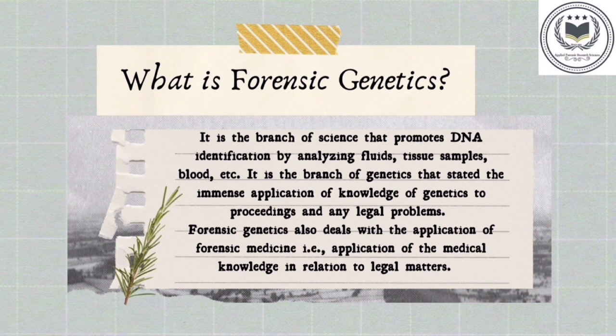It comes to the identification of an individual by examining various biological fluids, tissue samples, etc., by extracting DNA, which is later used for identification. As we all know, DNA is unique for each and every individual, so we can use it for individualization. So this is all about forensic genetics.